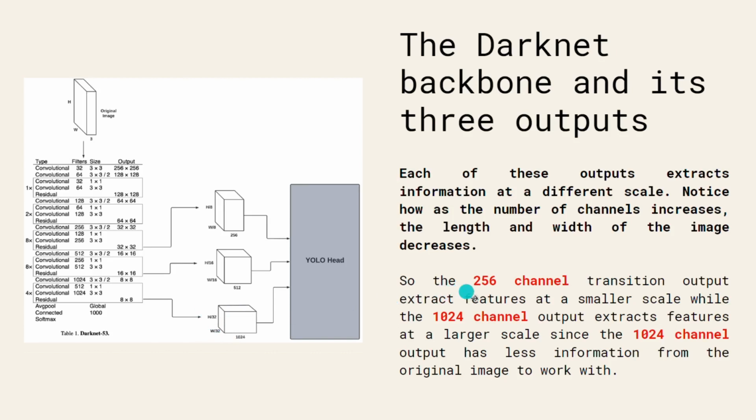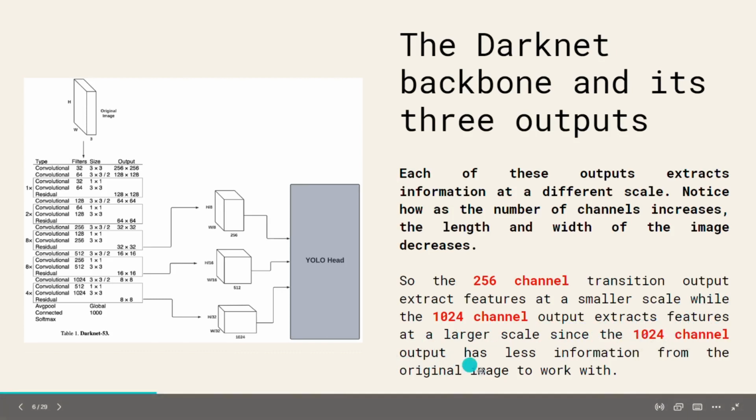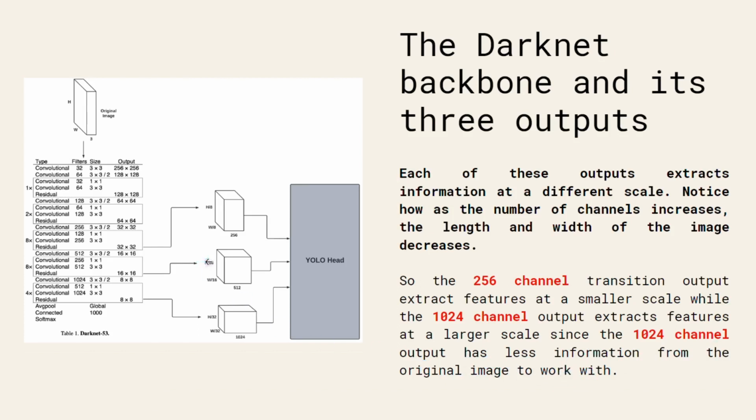So the 256-channel transition output extracts features at a smaller scale, while the 1024-channel output extracts features at a larger scale, since the 1024-channel output has less information from the original image to work with. As we have seen in the YOLO v3 video, the first output is going to make predictions for smaller objects, and the third output is going to make predictions for larger objects.